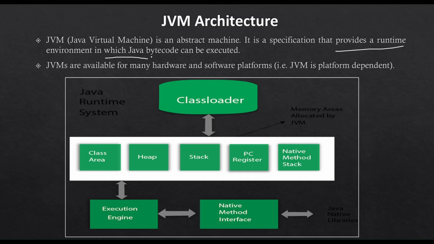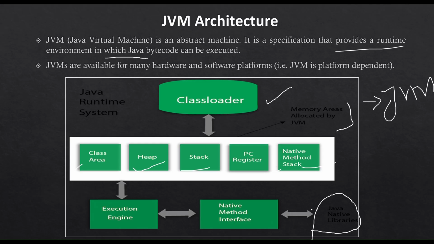JVMs are available for many hardware and software platforms. Suppose this is our entire JVM. It contains class loader, class area, heap, stack, PC register. These are the memory parts, and this is the Java native library. I will explain this entire process.